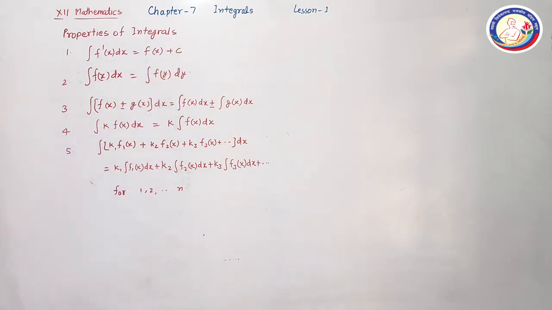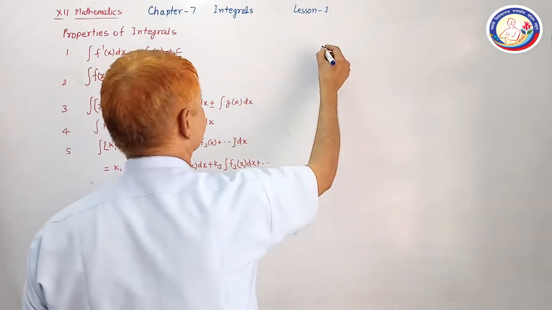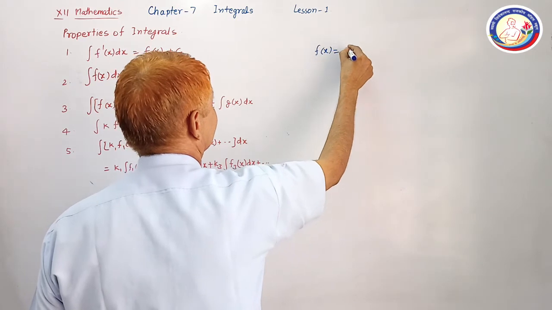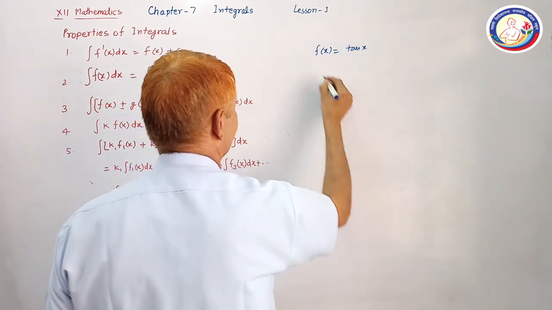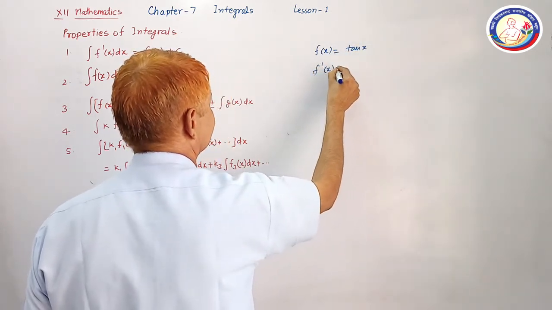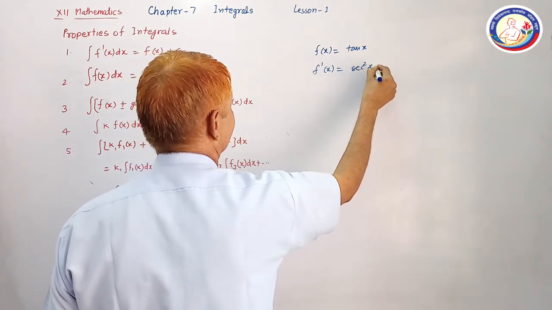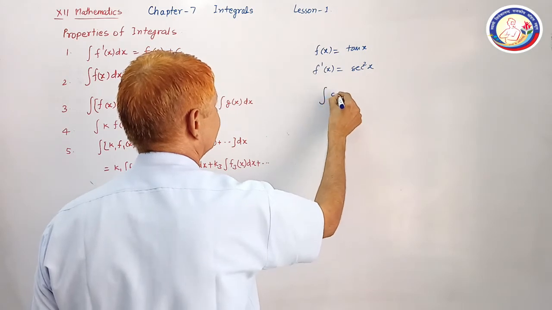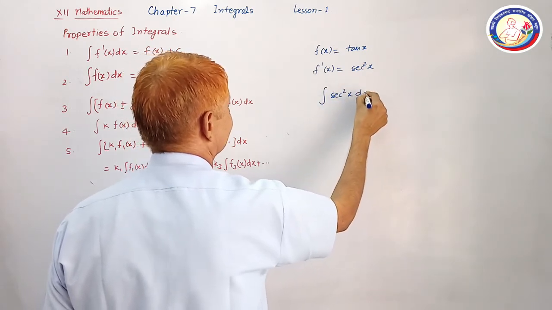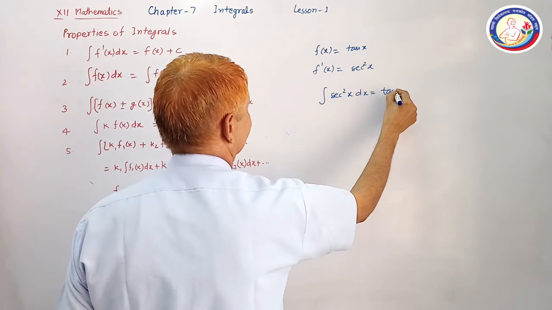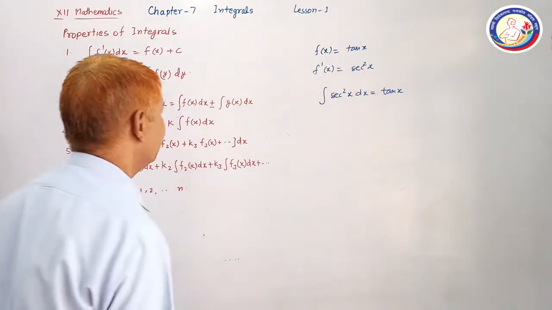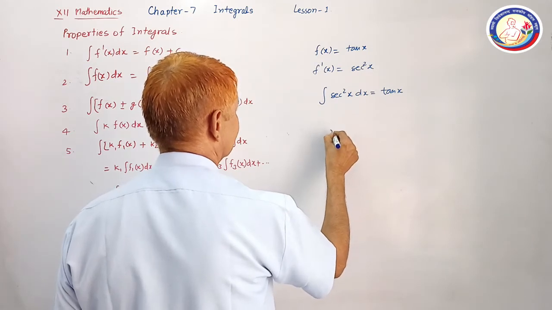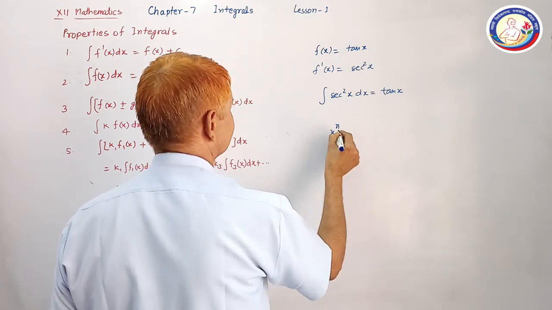I am explaining these two by taking an example. First of all, understand this. Say f(x) equal to tan x and f dash x is sec square x. The derivative of this function is sec square x. Then the integration of sec square x dx will be tan x. This is the meaning. Again, we can understand it as the derivative of x raised to power n.